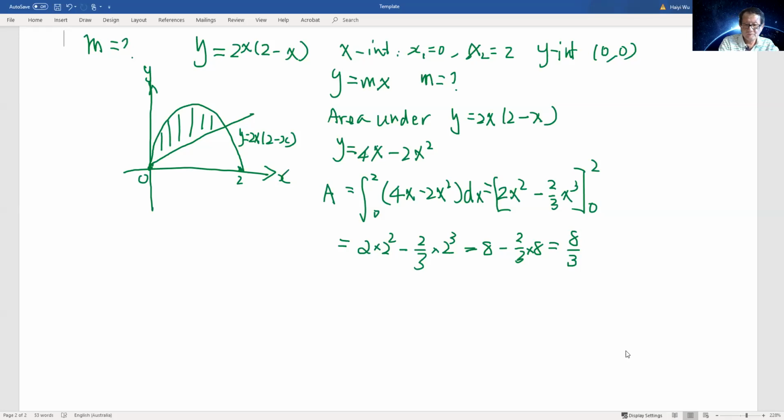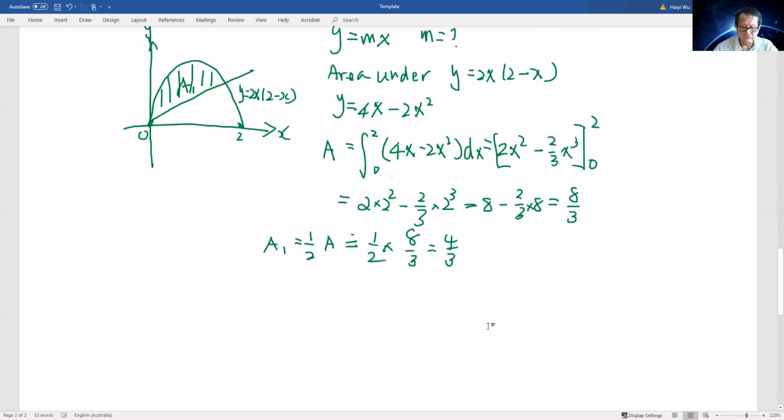This is the area under the parabola, not between the curves. However, if I call this area 1, area 1 is the area between the two curves. So area 1 must be half of the total area. So area 1 will be half of 8 divided by 3, which is 4 divided by 3.